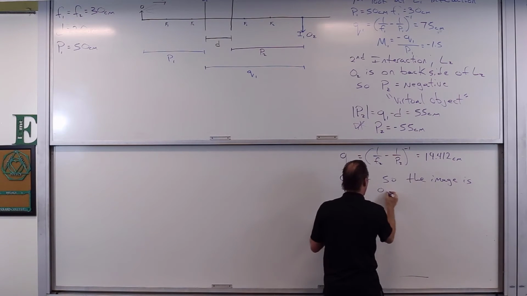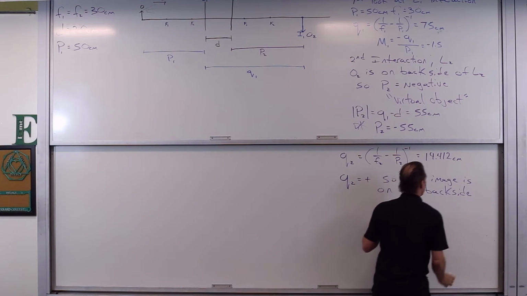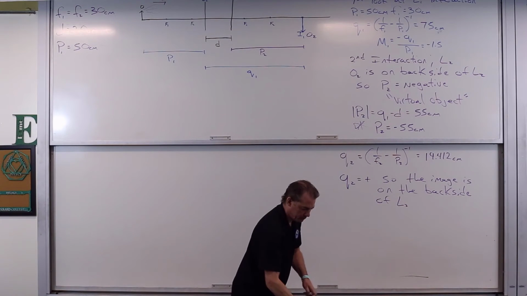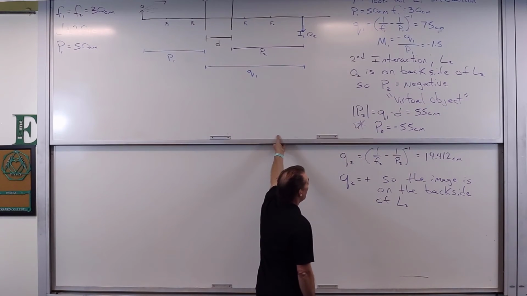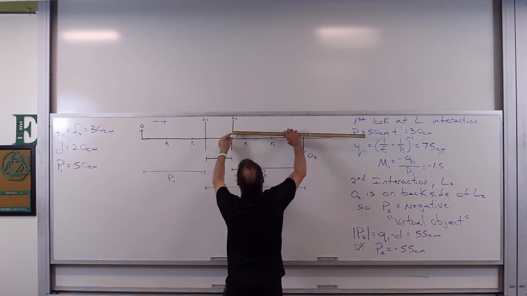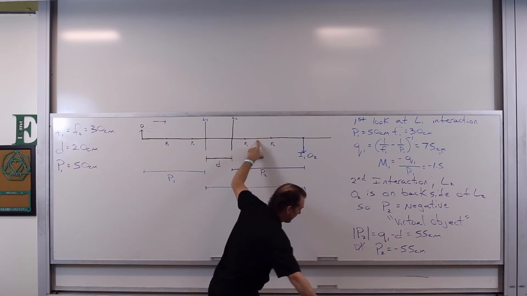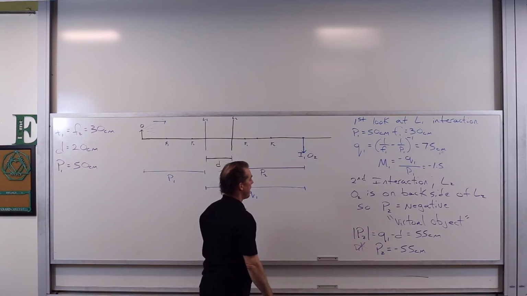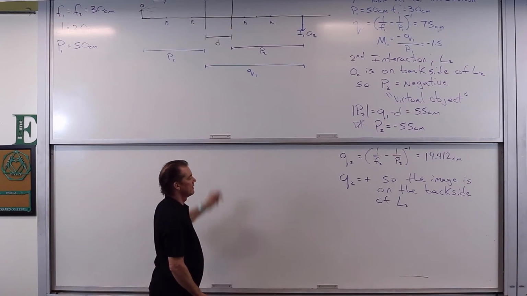The image is on the back side of L2. Positive Q goes to that side. But where is that? It's almost 20 centimeters from this particular lens. Now from L2, 20 centimeters about right there. So we can say we got 19 point something centimeters right here. And then it's a matter of, well, is this going to be upright or not?